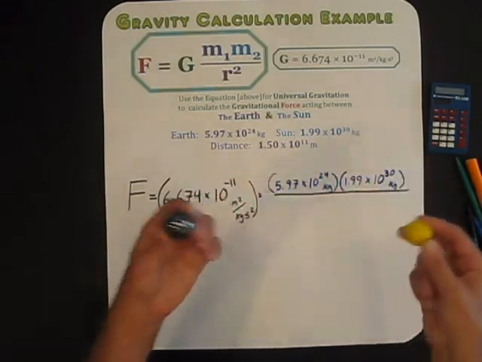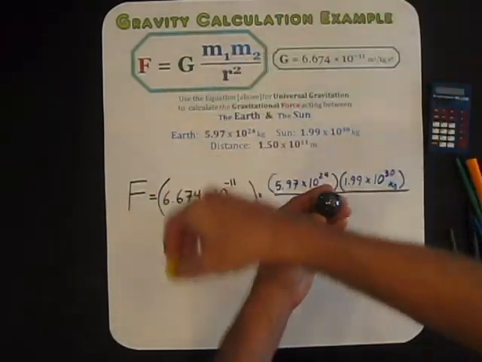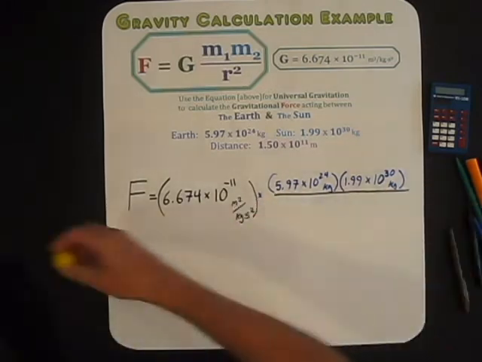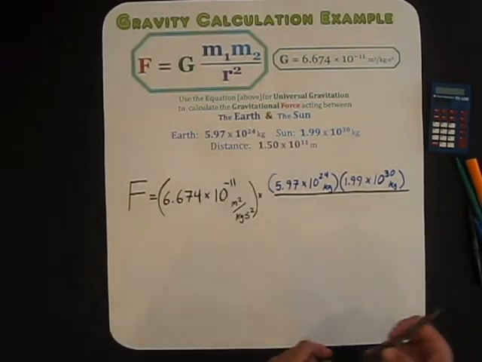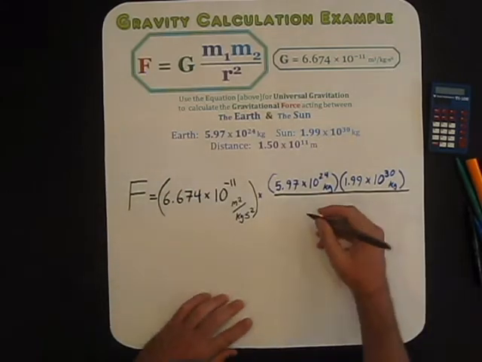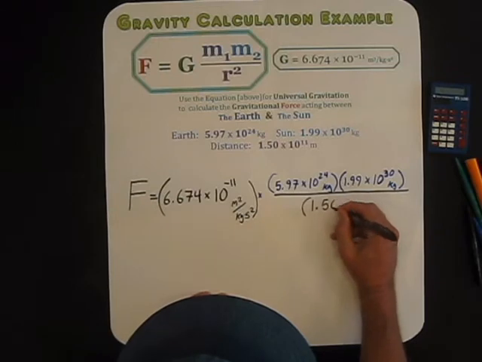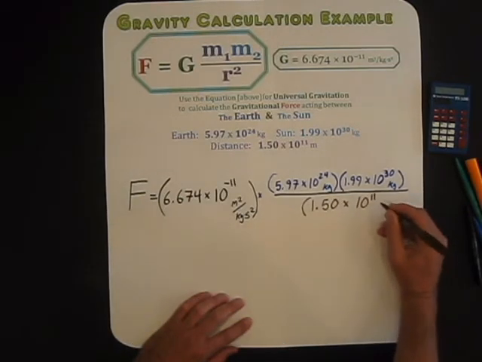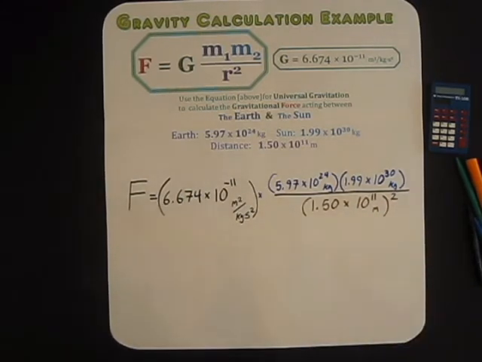Usually these objects would, well, we won't get into binary systems, but if you think of one object going around the other in a circle, pretty close to a circle, well then it's r between them. So r is the distance between them, by the way. It's exactly this. So we've got 1.50 times 10 to the 11th meters squared. The whole thing is squared.